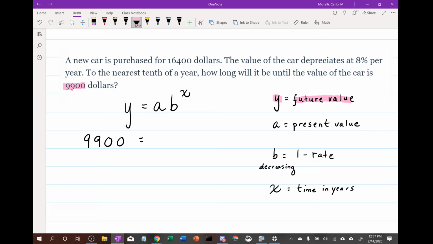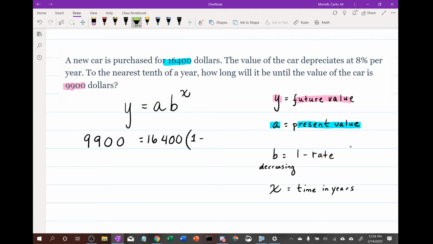What was the present value, or a value, of the car, the initial? The initial value, or a, was 16,400. So this is 16,400. Now do an open parenthesis for me and write 1 minus. Now let's talk about the rate. What is the rate?